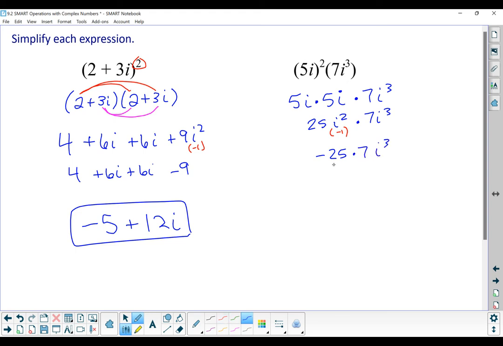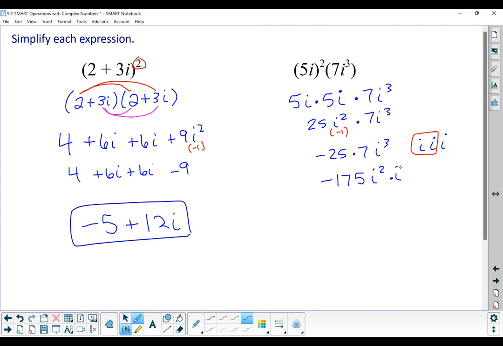We can go ahead and multiply the negative 25 and the 7 together. That gives us negative 175. The i to the third is a little tricky because it's a higher power of i. But remember, that just means that we have i times i times i. So I could think of it as an i squared with another i as well.